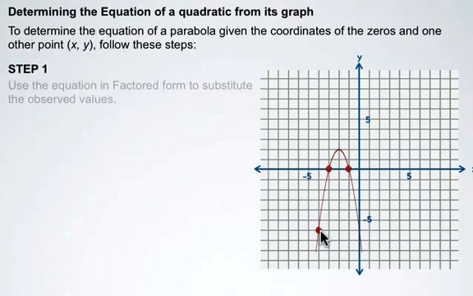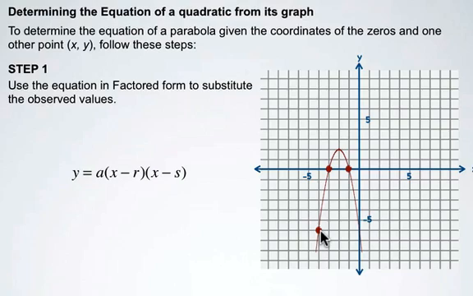Step 1. Use the equation in factored form to substitute the observed values. Here is our factored form. First, what we need is our r, 0. Our coordinate r, 0. This corresponds to the first 0, or first x-intercept.